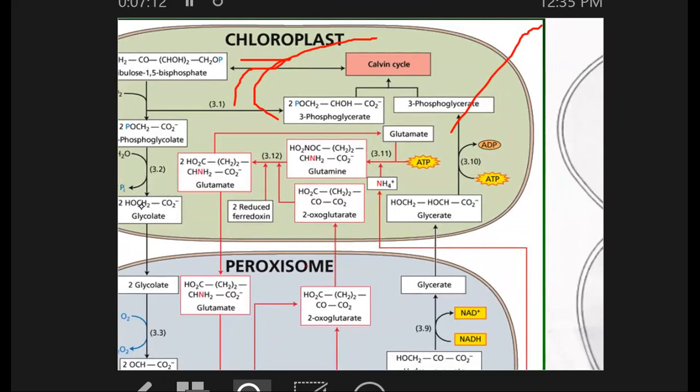But the poor plant had to go through that not once, but twice. It has to run that twice in order to have enough carbon to build the glycerate. Then they have to use extra energy to stick a phosphate on it. So in general, running the PCO cycle is a lot of effort and resources and energy being used.